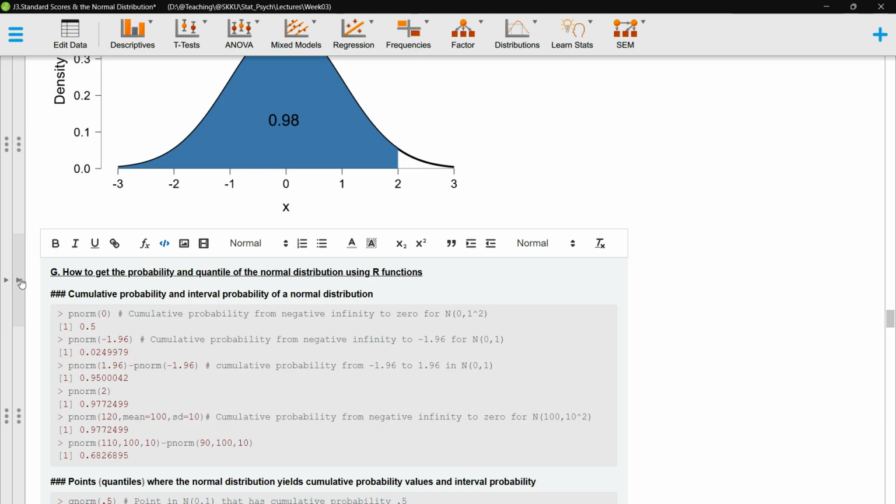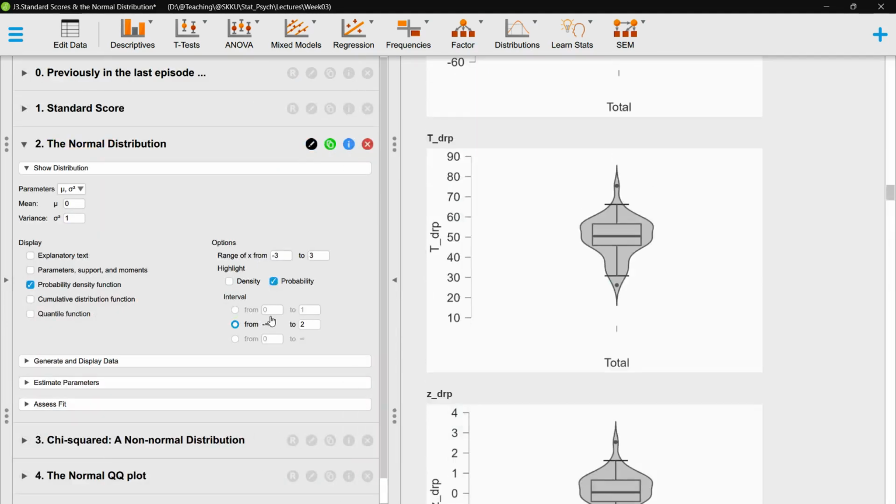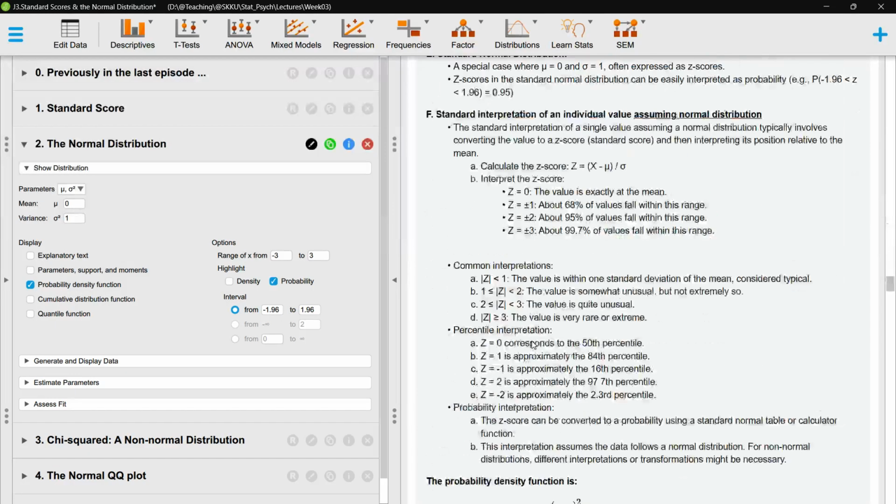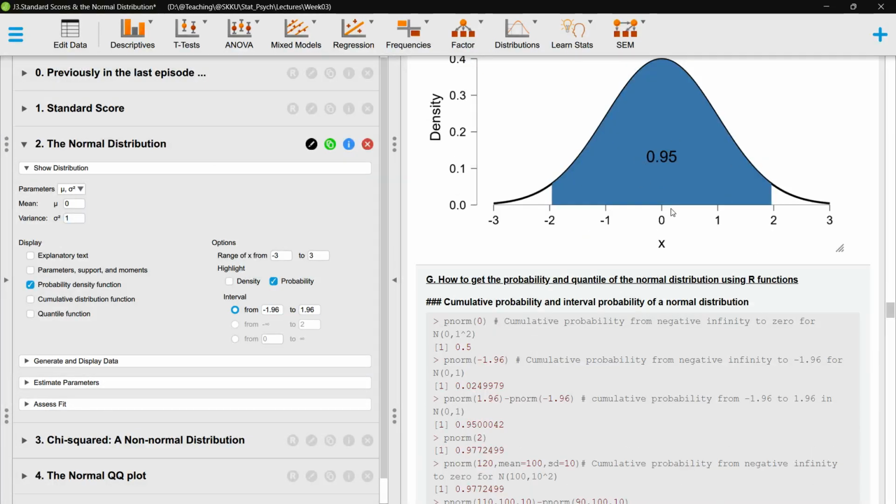So we can look at this using minus 1.96 to 1.96, and it will give us the value. See here, exactly 0.95, right?